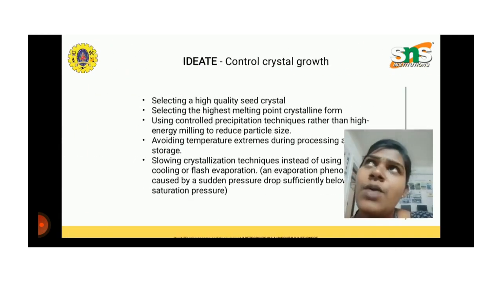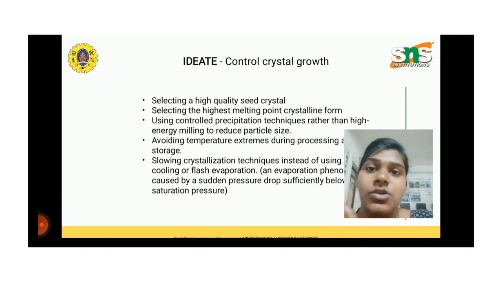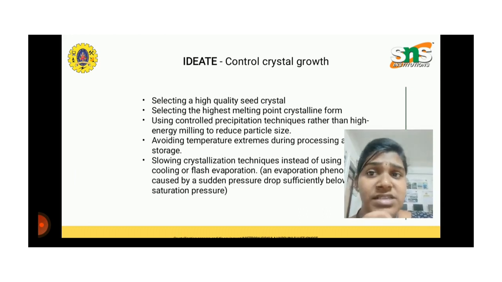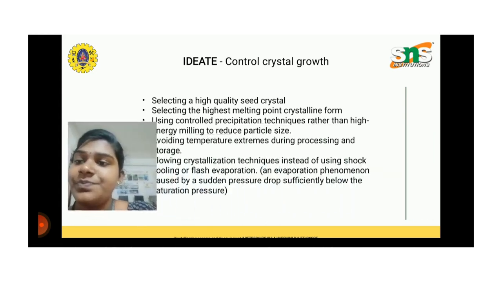So what will be our solution? First, we should control the crystal growth. How can you control the crystal growth? By selecting a high quality seed crystal, selecting the highest melting point crystalline form, using a controlled precipitation technique rather than high energy milling to reduce the particle size, avoiding temperature extremes during processing, and proper storage conditions.